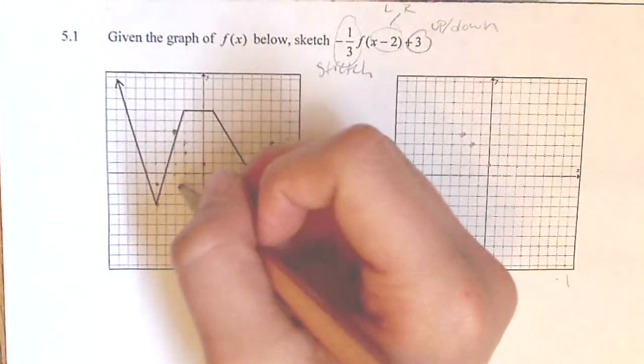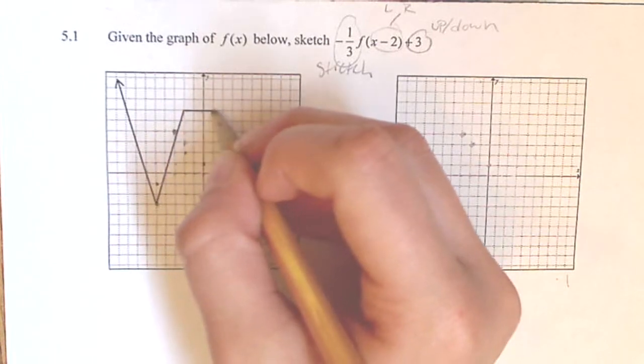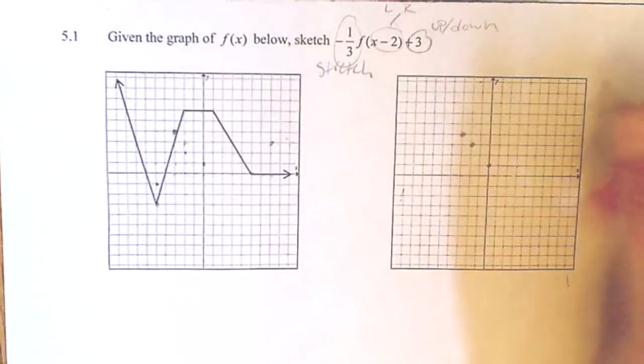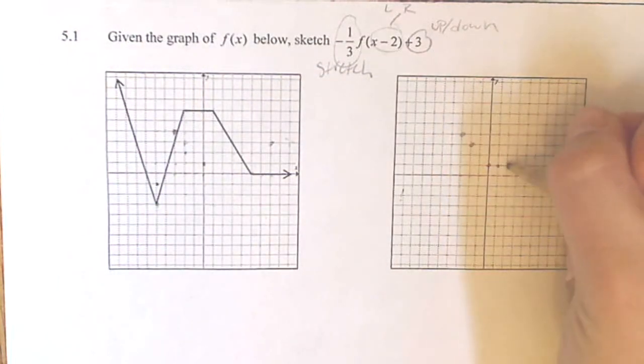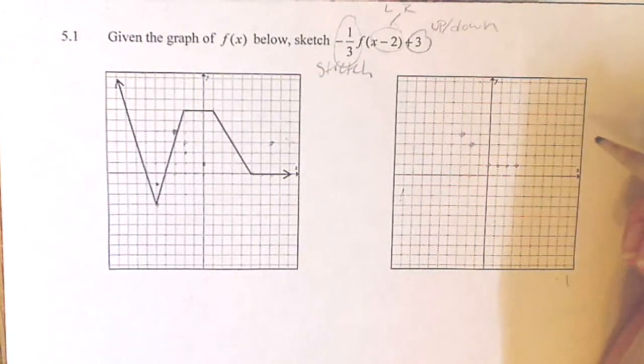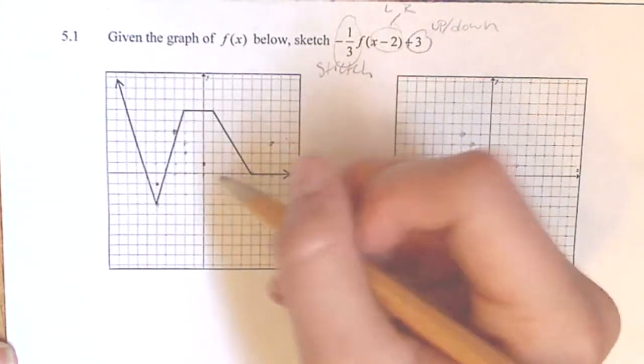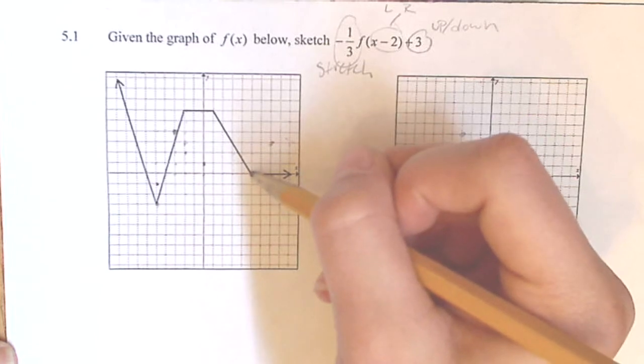Okay. And then all these points across the top are going to be the same all the way. It goes 1, 2, 3 across. Okay, and then this point right here is at 0, 2, so the stretch doesn't matter.